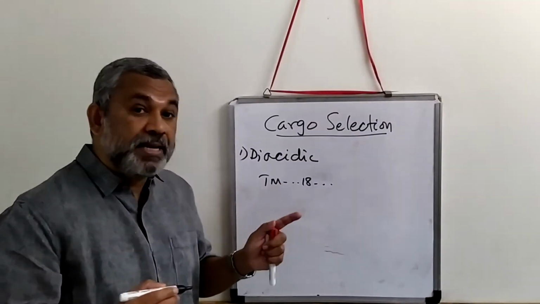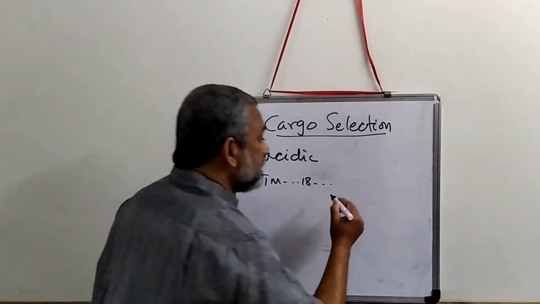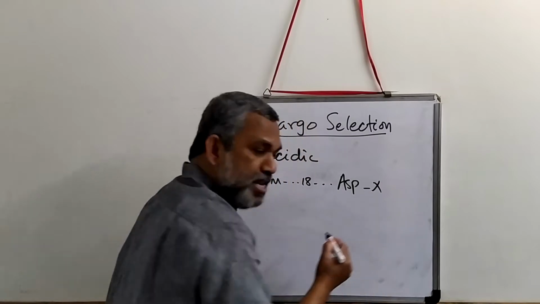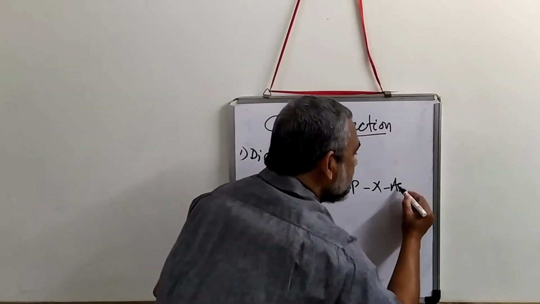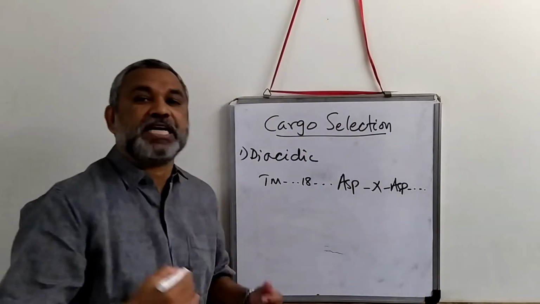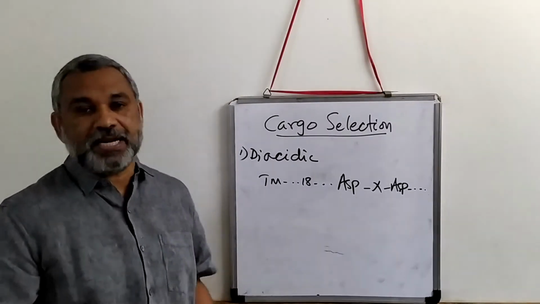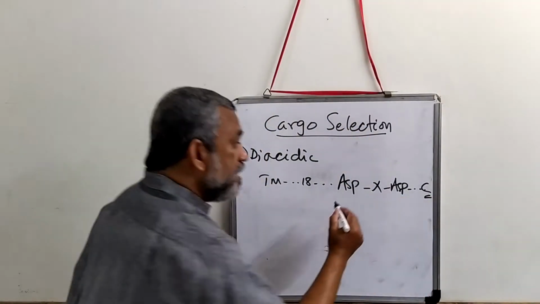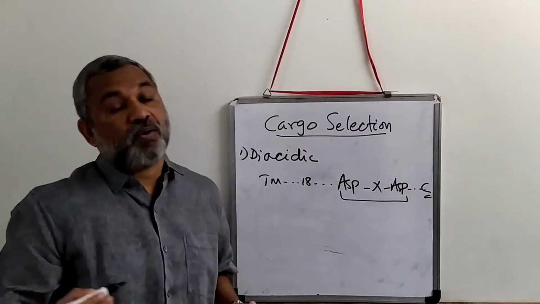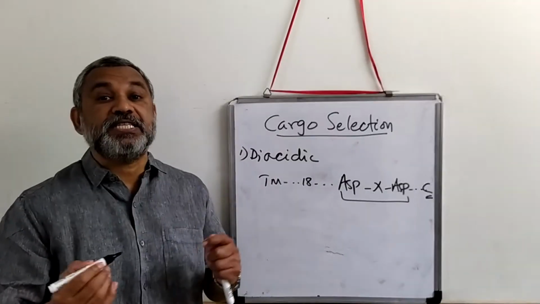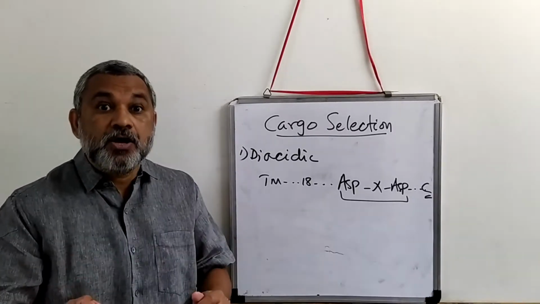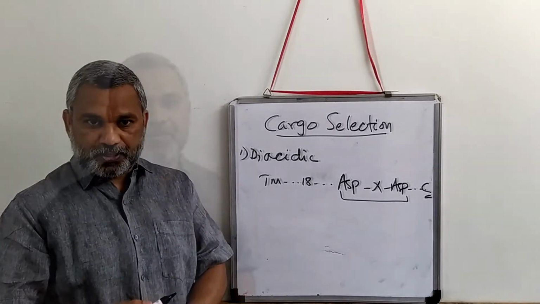Then it will find the acidic amino acids like aspartic acid, then there is any one amino acid, then there is an aspartic acid, then it is continuing with a few more amino acids, then ends in the C terminus. So this particular combination is called the diacidic signal, and this signal is mainly seen in COPII mediated transport.